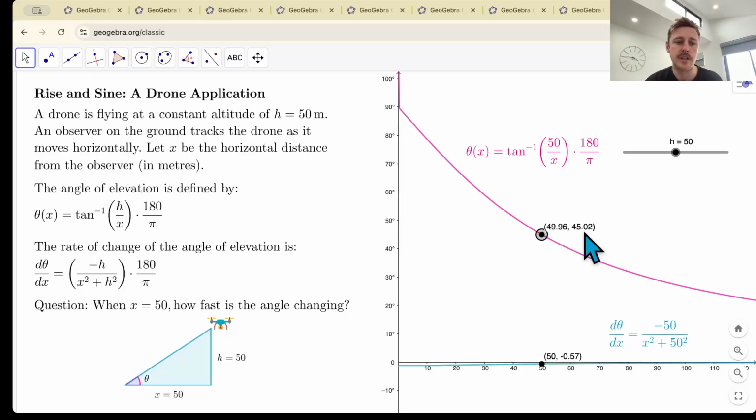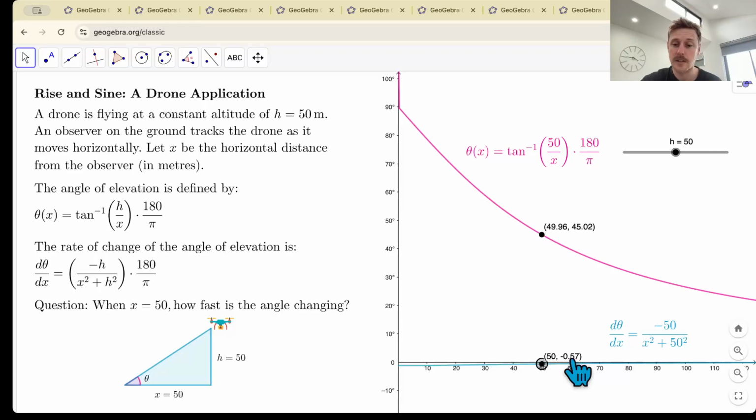Okay, but more interestingly, the question says, when x is 50, how fast is the angle changing? And so when we graph the derivative, we get this down here. This is what the derivative graph would be. And so we can see that when x is 50, so when it's 50 meters away, the angle at which you're looking at the drone is decreasing by 0.57 degrees for every meter that it moves horizontally.